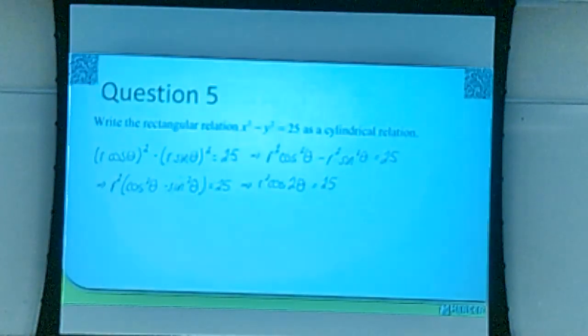I'm going to continue. Divide both sides by cosine of 2 theta, which is the same as multiplying by secant of 2 theta.